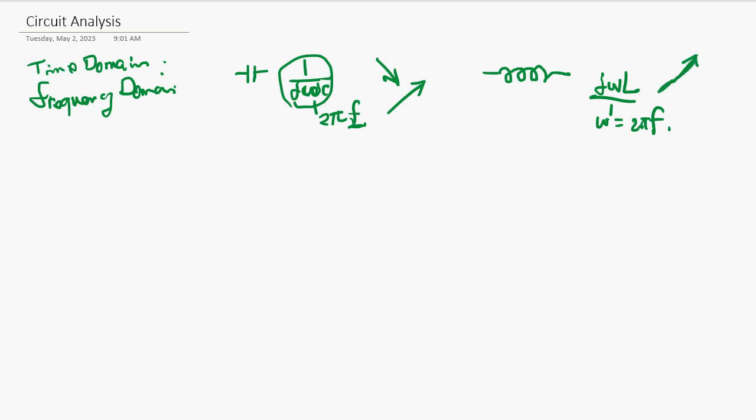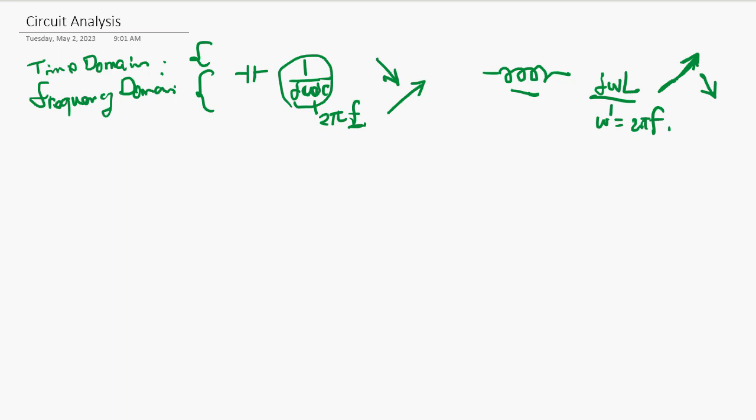So at very high frequency the inductor is very resistive, and when frequency goes very low, the inductor becomes very low impedance. Okay, so that is frequency domain, and for time domain, we talk about the transient analysis.